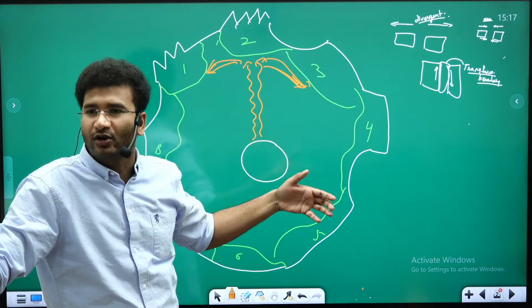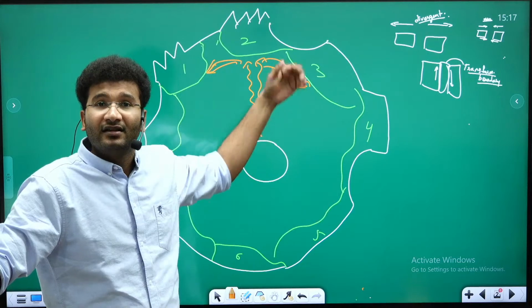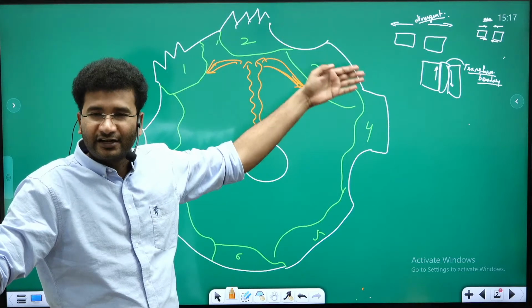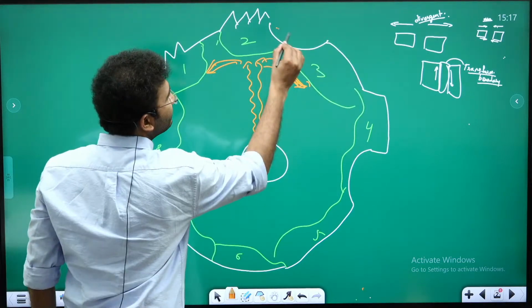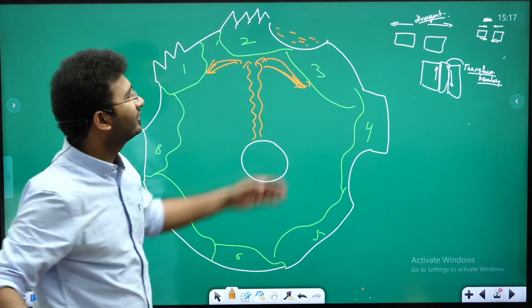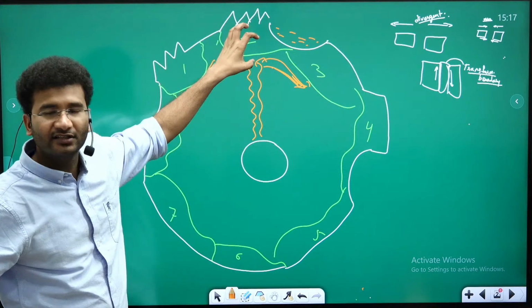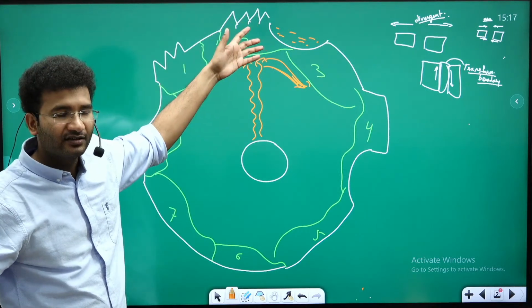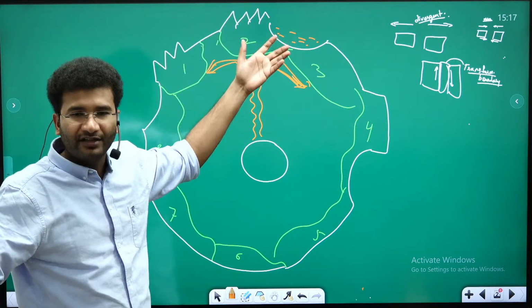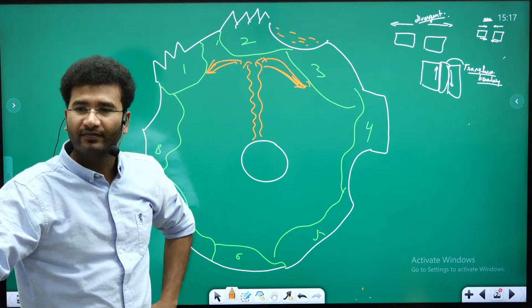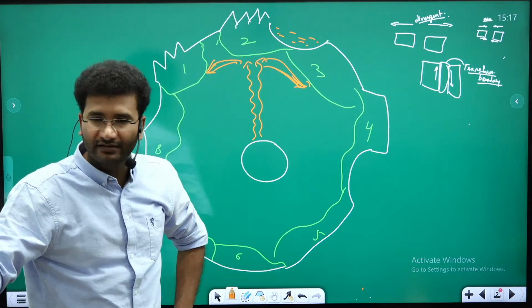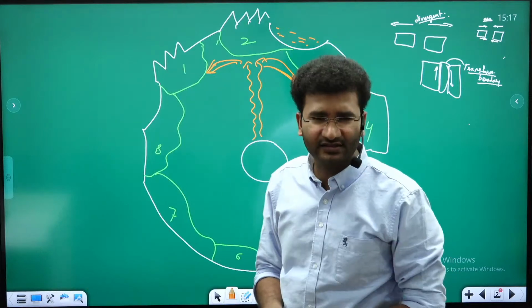Core has inner core, outer core. Crust has the continental crust and oceanic crust. Imagine if this is ocean, this is your oceanic crust and this is your continental crust, and I have told you that continental crust is made up of granitic material, oceanic crust is made up of basaltic material, right? This is what we have broadly discussed in the last class, right?